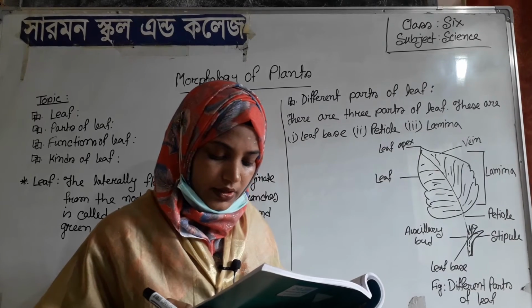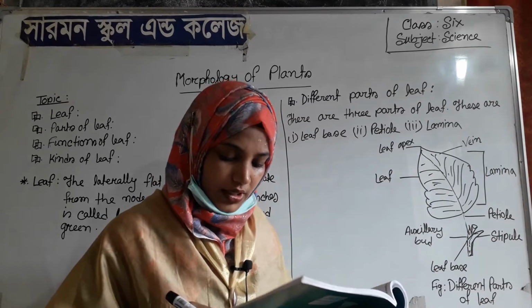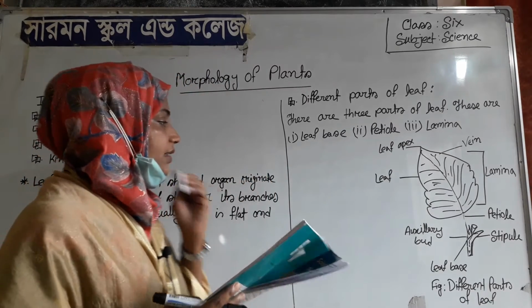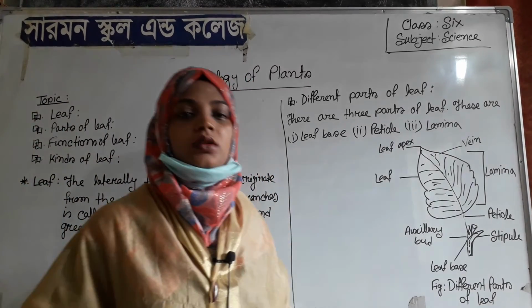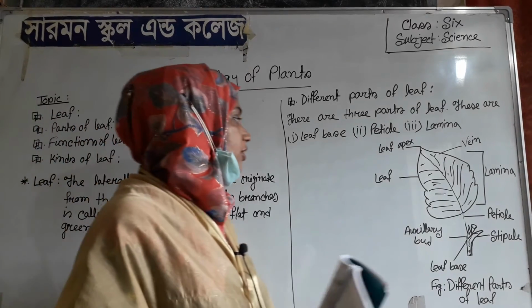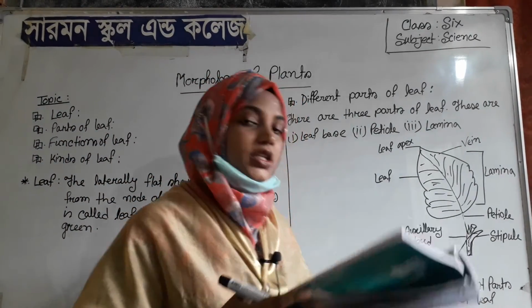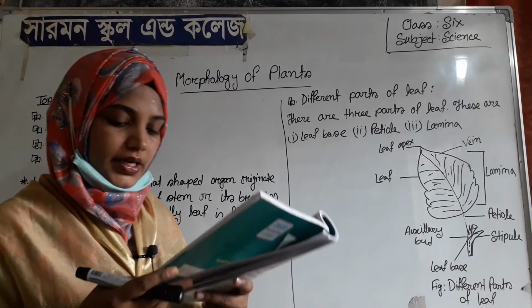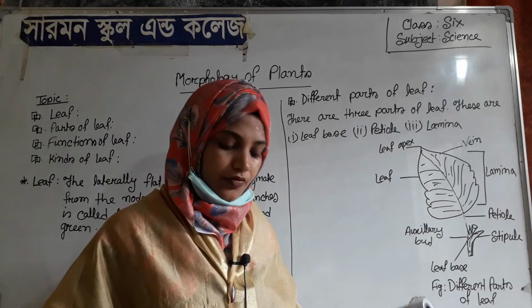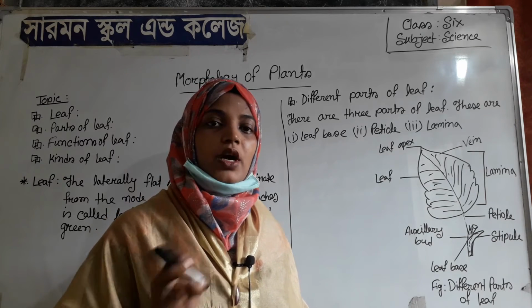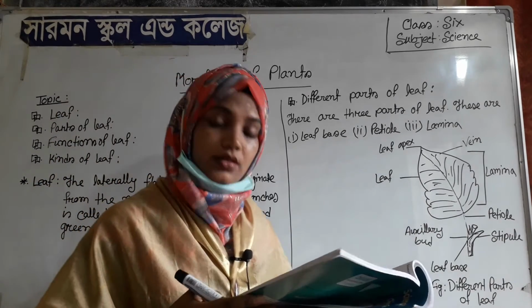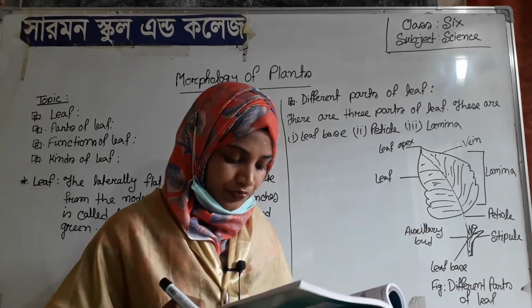Again, when leaf manufactures food, it consumes carbon dioxide and gives out oxygen.